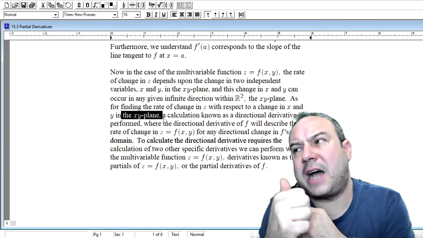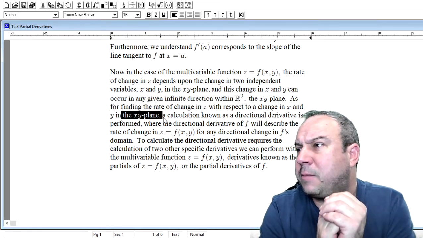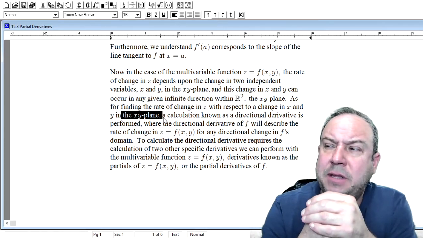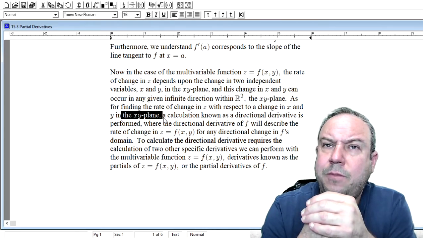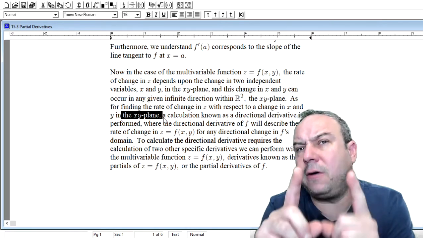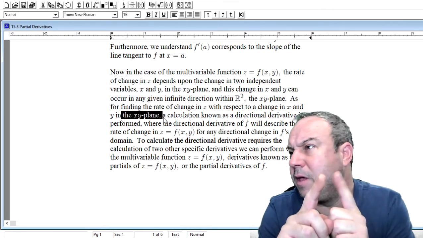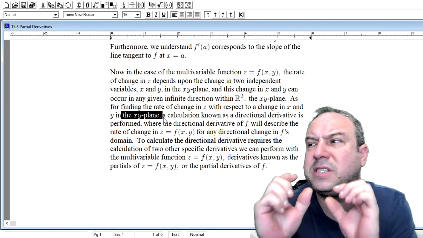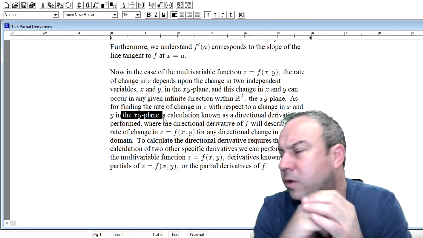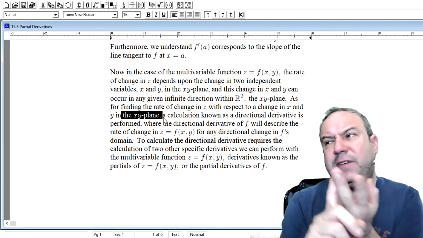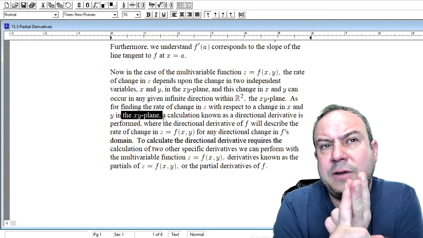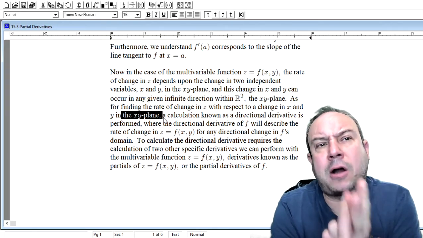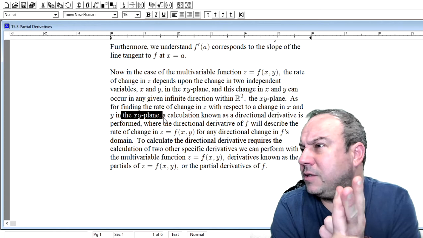This is actually a topic for some application of what we're going to develop in this section, though. Because in order to calculate a directional derivative, we're going to need two specific derivatives, derivatives that happen in two very specific directions, known as our partial derivative calculations.